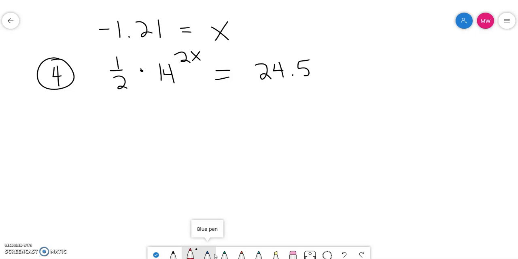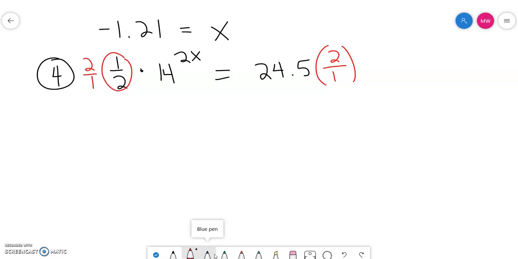Now, just like the last problem, you want to start by canceling out the coefficient in the very front, and you always do the opposite. Well, the opposite of 1 over 2 would be 2 over 1. So we're actually going to multiply by 2 over 1 on both sides.